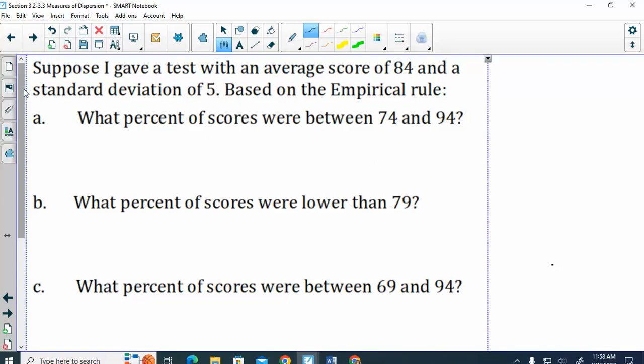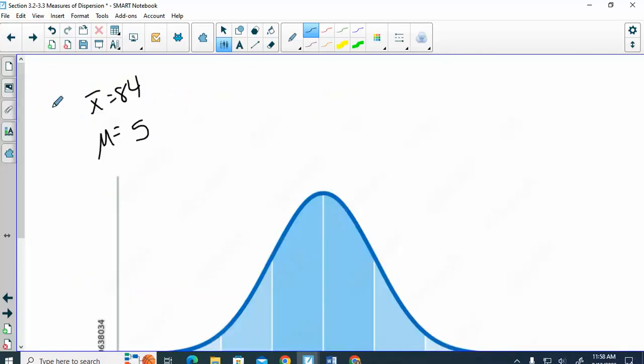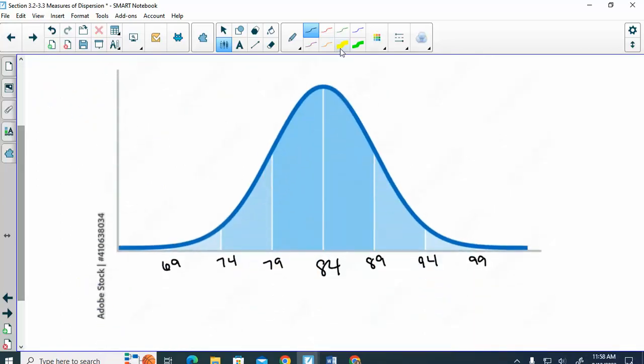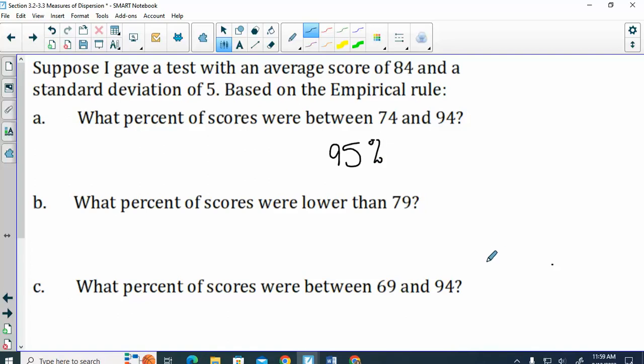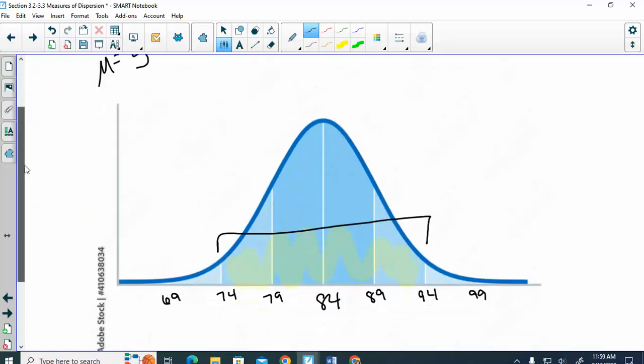So if I want between 74 and 94, and I'm looking here, how many standard deviations is that? 2 standard deviations, so we know empirical rule, 2 standard deviations is 95%.